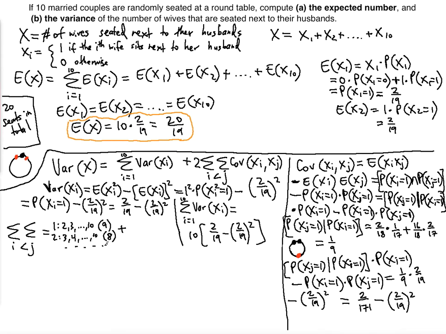So there will be 7, etc. So this is going to be equal to 9 plus 8 plus 7 plus 6 plus 5 plus 4 plus 3 plus 2 plus 1, until there's one pairing, right? So that's going to be what? 17 plus 10, 6 plus 4 is 27, plus 12 is 39, plus 6 is 45. 45 pairings.